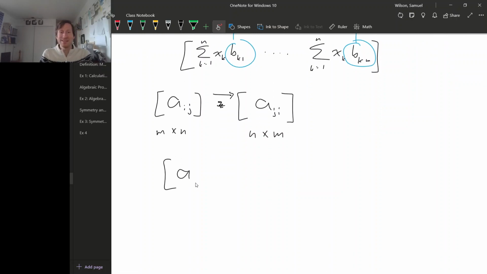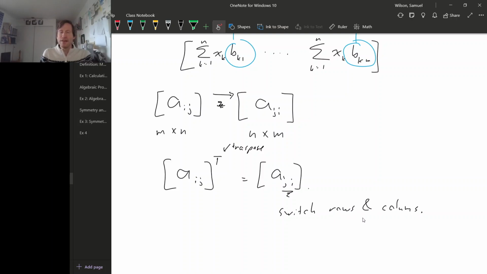The way to write this is A transpose, with a capital T as our symbol for transpose, and its entries are just a sub ji. So this just says that we switch rows and columns. And that translates a matrix that is a linear vector function for a column vector into the matrix that is the same linear vector function but for row vectors.